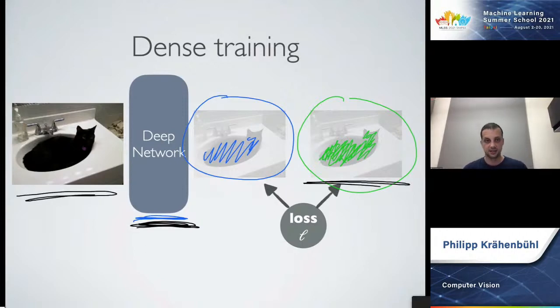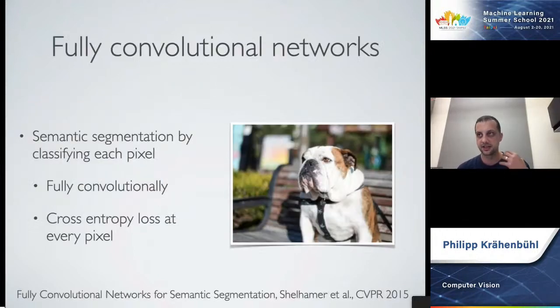Now, the easiest way to produce a dense output is to reduce it to a standard classification problem. One way to do this is to look at a patch in the image, and classify the central pixel in that patch using a classification network.